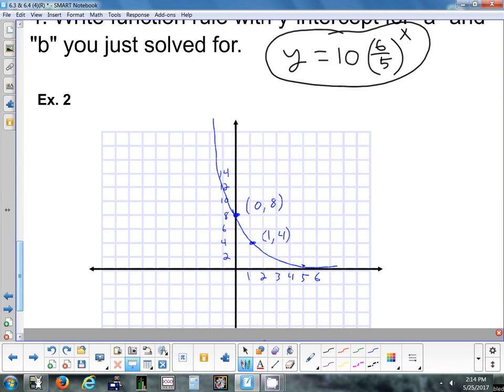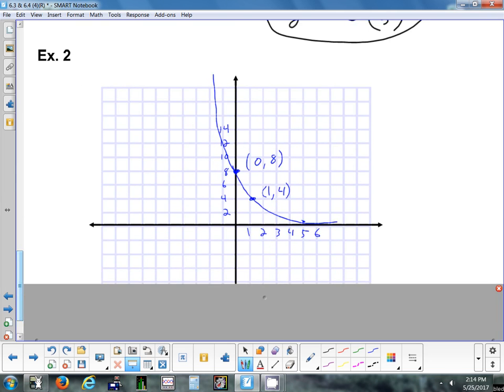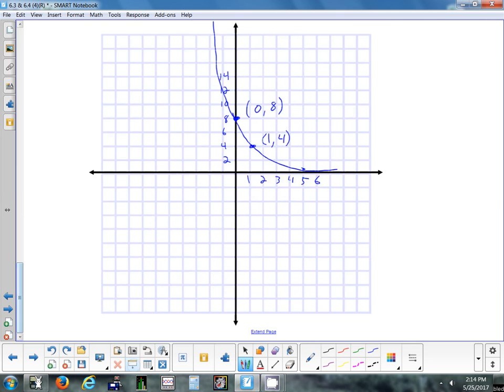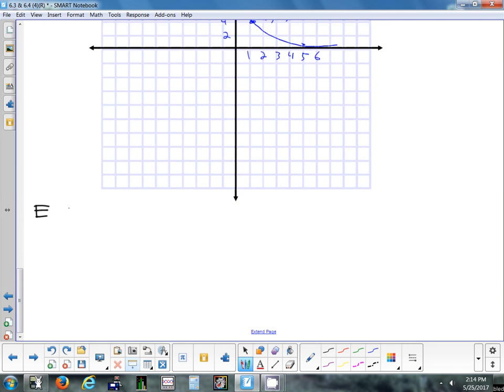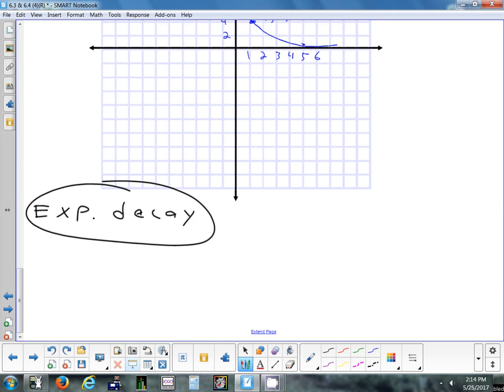Okay, look at that one. What's our first step? Step 1 is to figure out if this is growth or decay. Which one is this? This is decay. So I'm just going to write below it exponential decay.